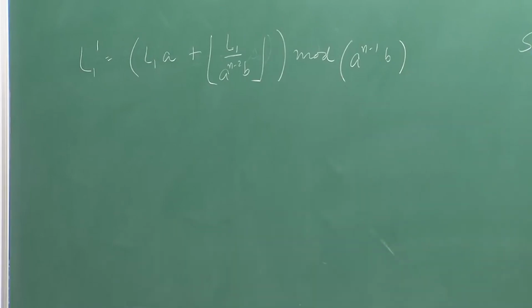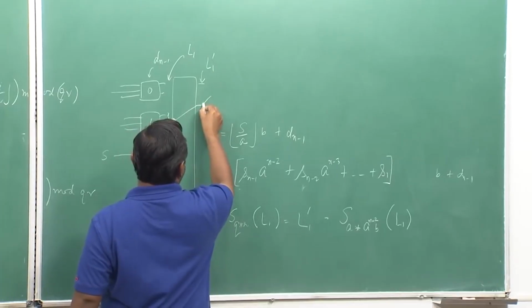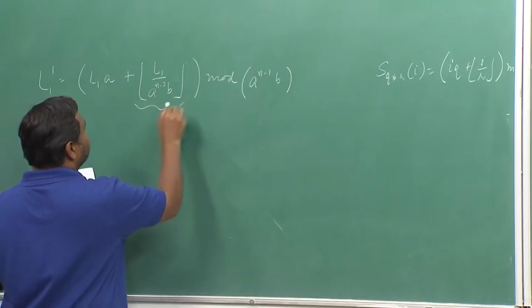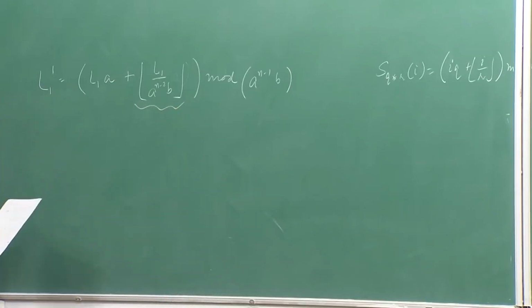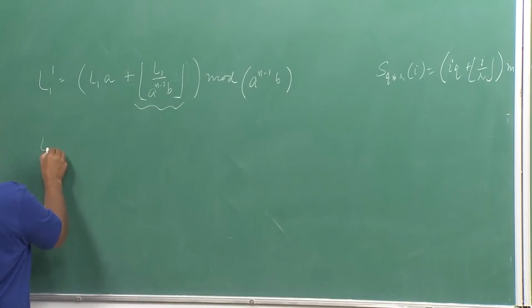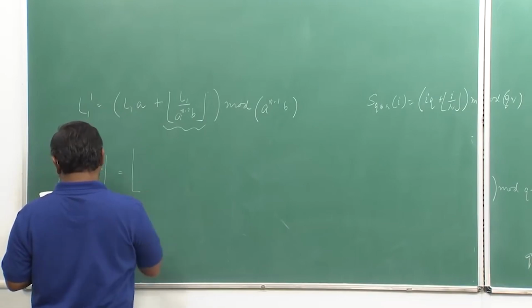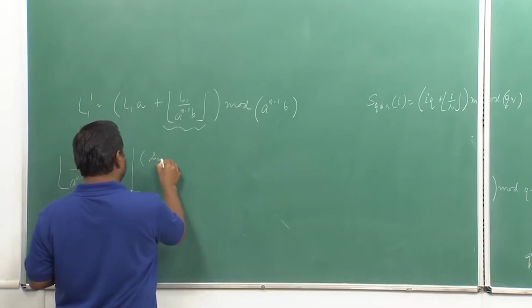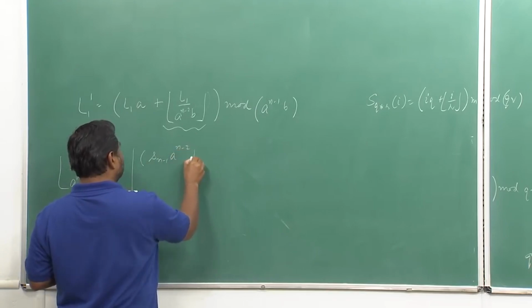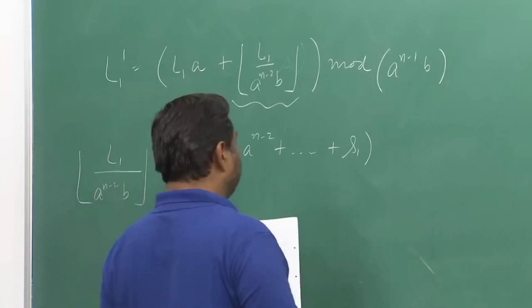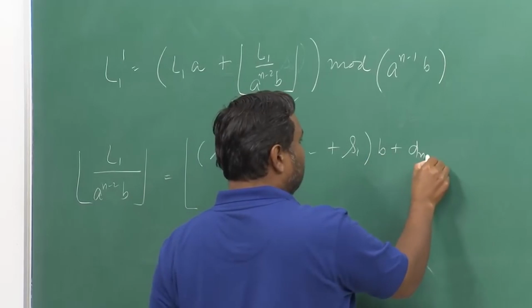So, as a shuffling this will now be routed to somewhere here. So, I am trying to find out that line number when counted from top. So, let us solve one by one. So, let me take this floor function first. What is the value of this? Okay. So, L1 by A raised power n minus 2 B. So, what is this? This remains floor function. L1 is now S of n minus 1, A n minus 2 into B plus Dn minus 1.